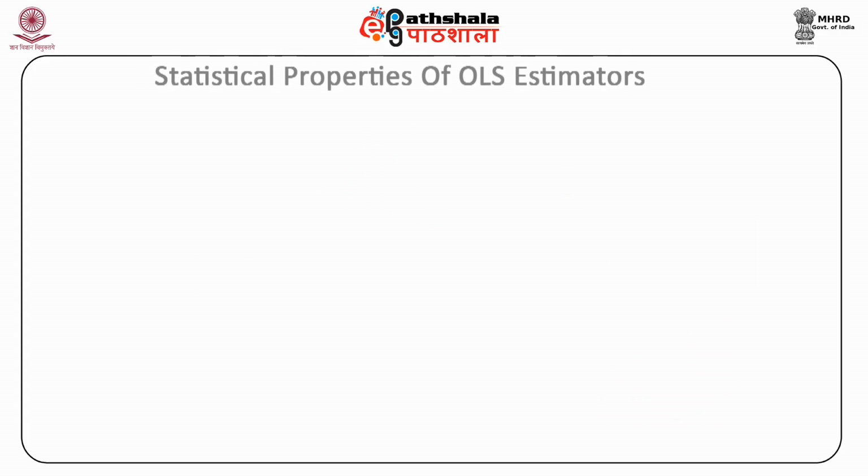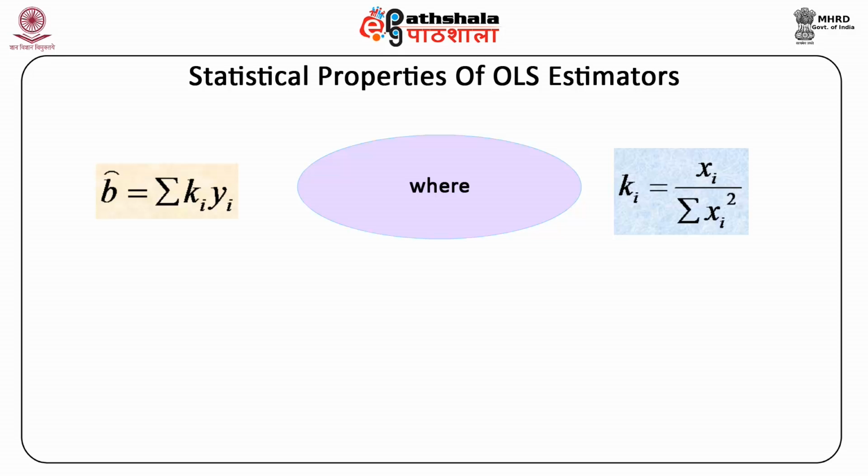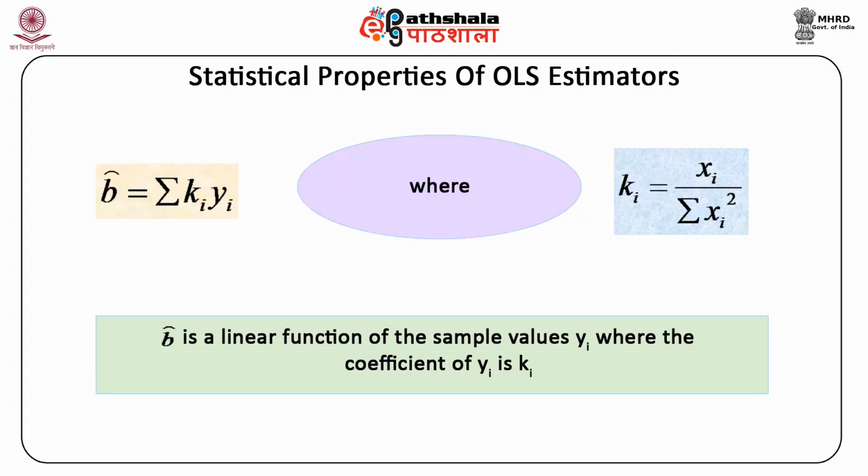We can write the above expression as B hat is equal to summation ki yi, where ki is equal to xi upon summation xi square. Thus, B hat is a linear function of the sample values yi, where the coefficient of yi is ki.